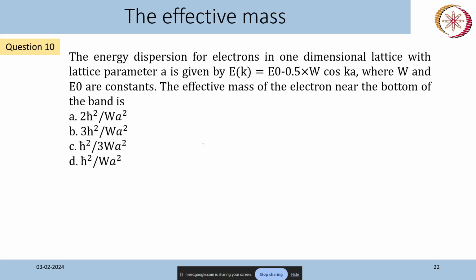From that expression, we will get the value h cut square divided by W a square cos Ka. So the question is the effective mass of the electron near the bottom of the band, so you should also think about what will be the value at the bottom of the band. Then maybe we'll be able to give the answer in terms of the given options.